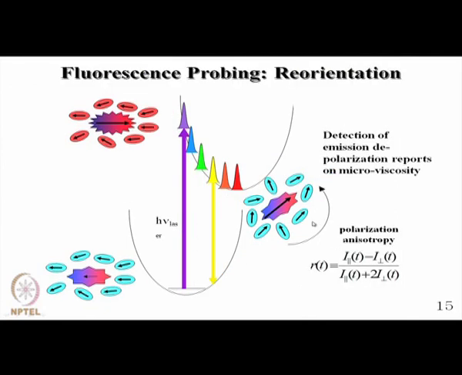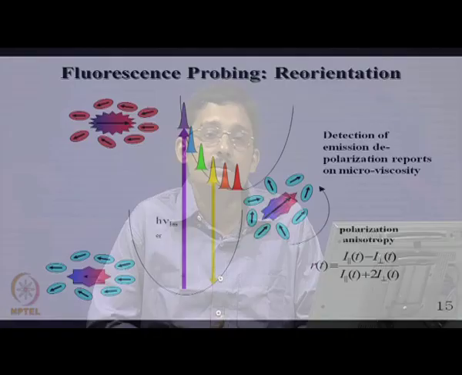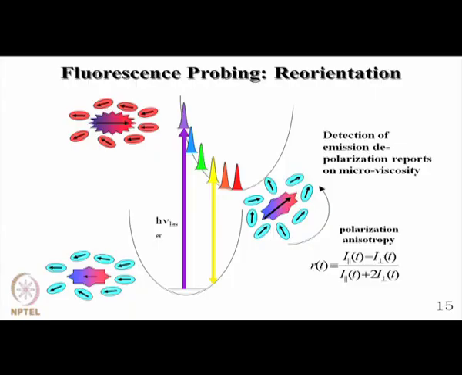So, this microviscosity can be followed by following the polarization anisotropy, that is, you do a polarization experiment. Okay, you just think of these polarimetric experiments, although it is different but similar to that. Okay. So, that's very interesting.